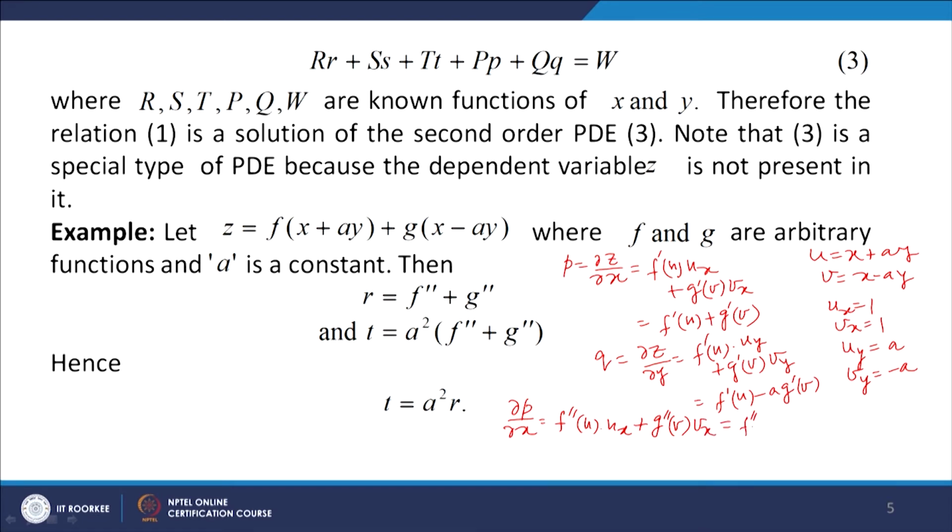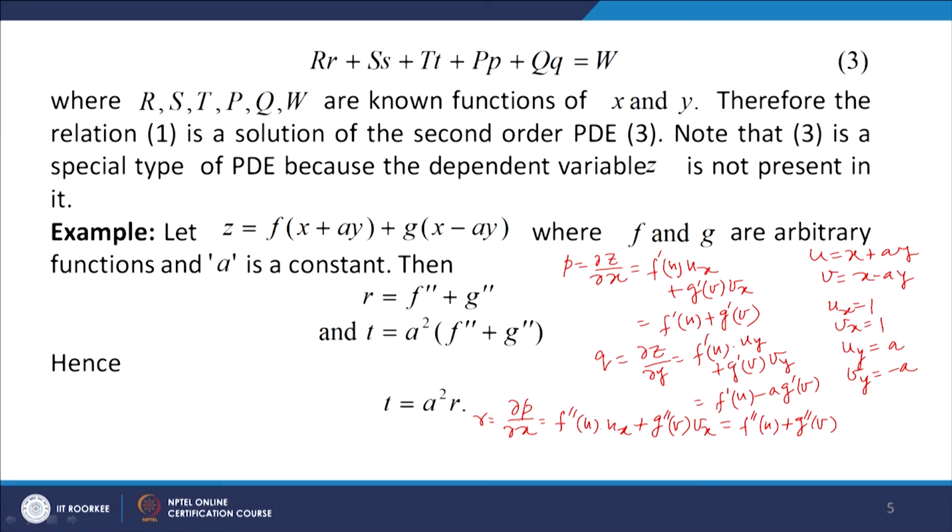So f double dash u plus g double dash v. And when we differentiate q once more with respect to y, what we get, and we know this is r equal to zxx.